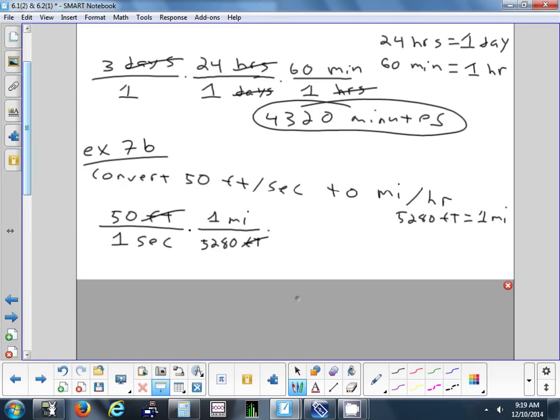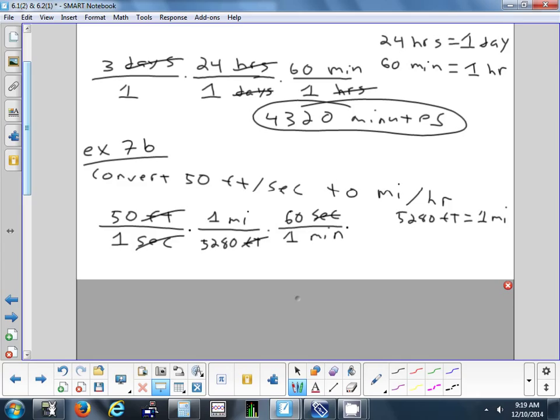Next we'll convert seconds to minutes. In 60 seconds, there's 1 minute. So there goes seconds. Now we have a speed in miles per minute.